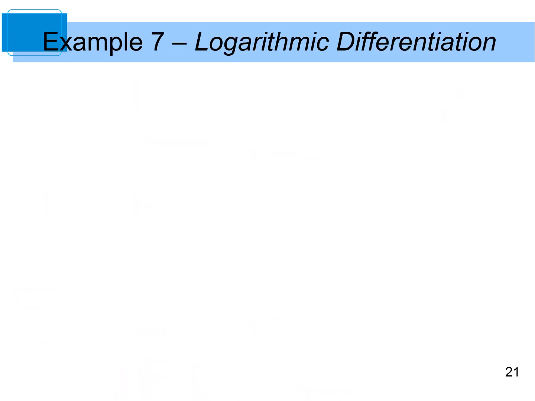So let's try another one. Let's say we have y is equal to cosine of x all over x squared plus 9x minus 10. Instead of differentiating this as a quotient, we are going to apply logarithmic differentiation, which also involves implicit differentiation.